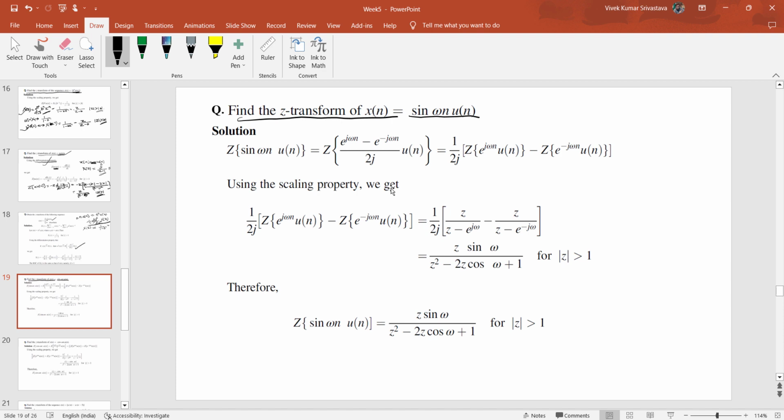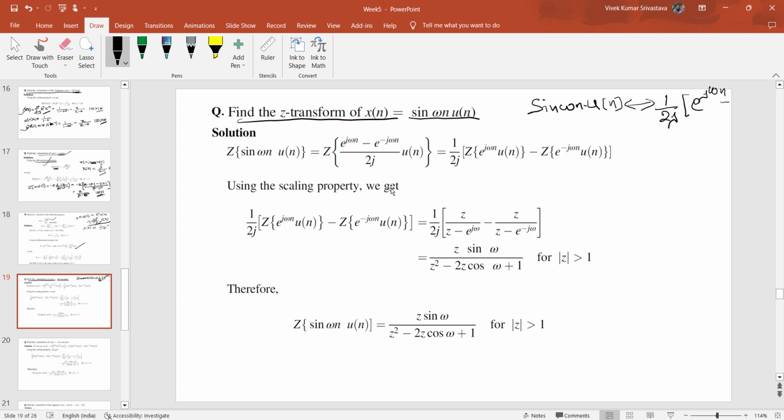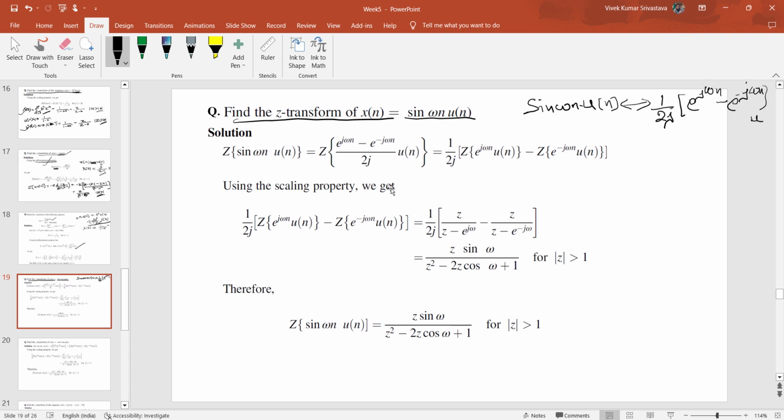So this sine of omega n into u of n is basically defined in terms of exponential function as 1 over 2j into e raised to the power j omega n minus e raised to the power minus j omega n into u of n.